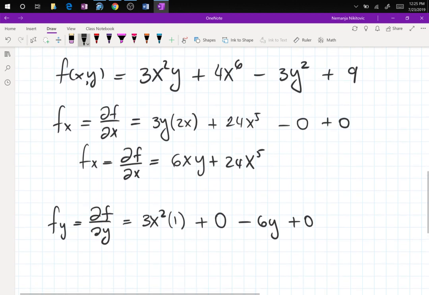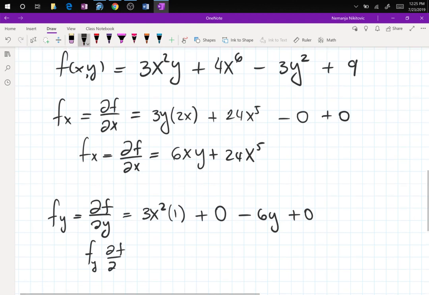So finally, the partial derivative with respect to y. This y is a small subscript that goes on f on the bottom. Partial f partial y is going to be 3x squared minus 6y.